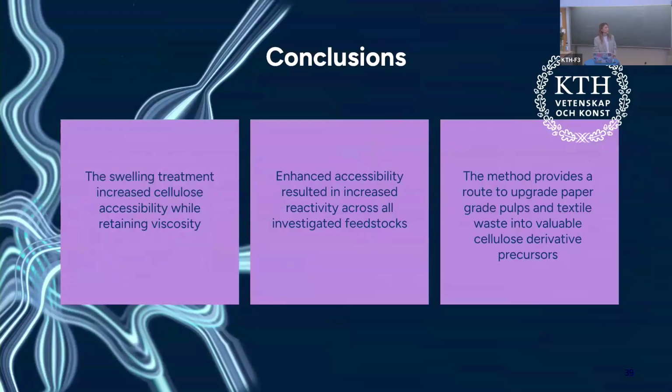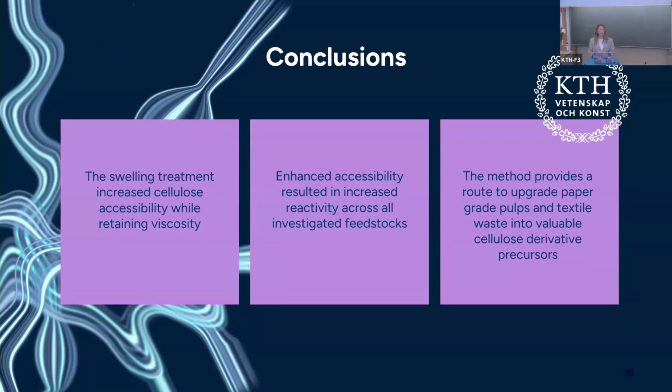And now we're almost at the end, so I'm gonna conclude a bit the whole thesis. And I've chosen these 3 points here. Since I worked with so many different materials, it's hard, but I wanted to have an overview. So what I wanted to say is that the swelling treatment can increase the accessibility, at least that's what we believe, and that we retain the viscosity, kind of.